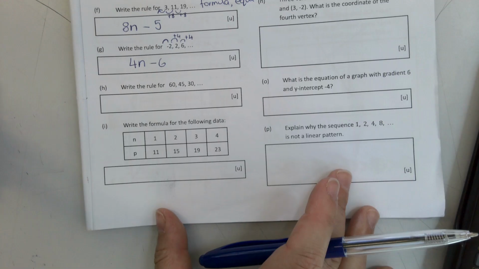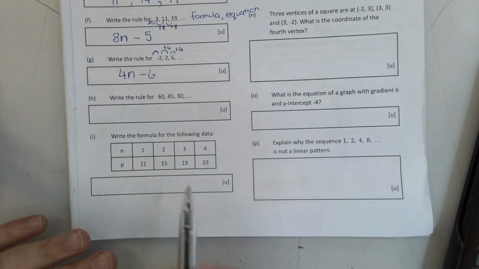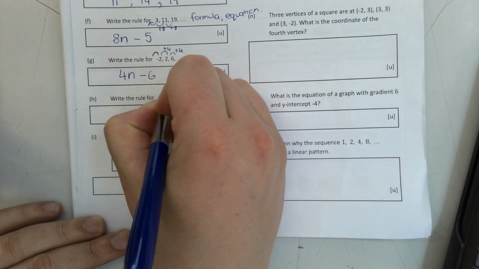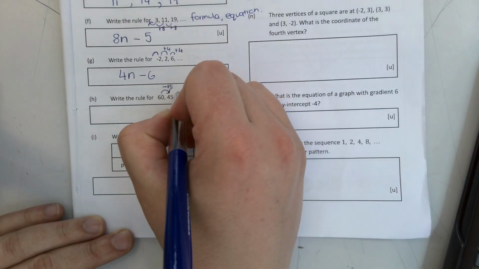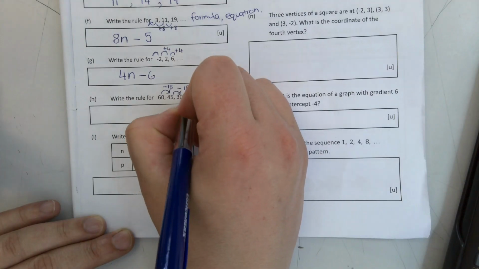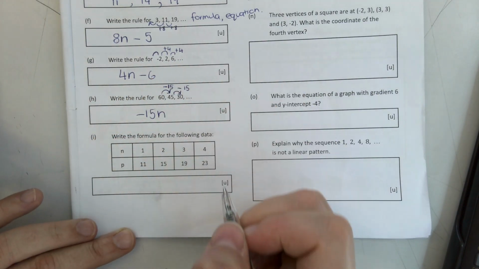Okay, question H. Write down the rule for 60, 45, 30. So for me to get from 60 to 45, I'm taking away 15. For me to get from 45 to 30, I'm taking away 15. Immediately, I take that whole number and I stick an N next door to it.